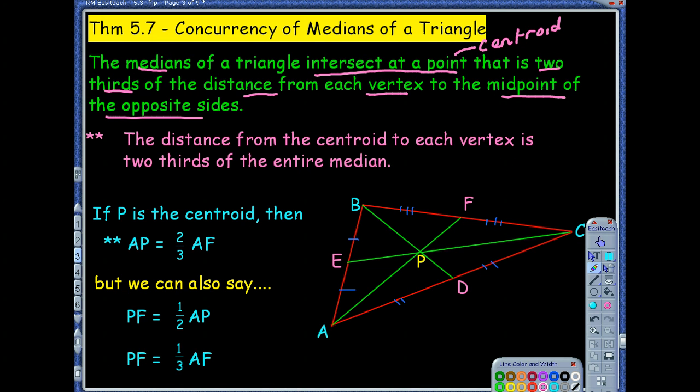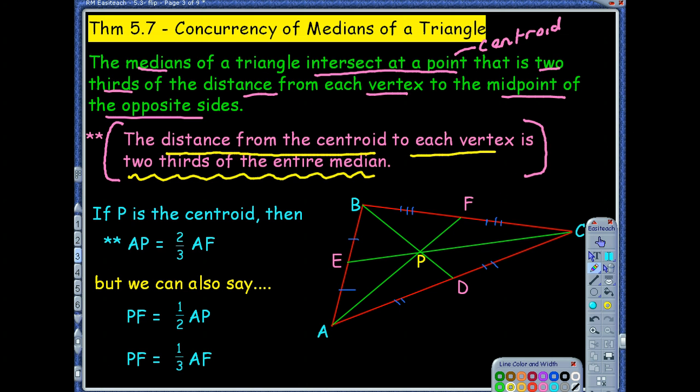Okay, now this in the pinkish color basically sums up what that means. This is our interpretation of it. If you find the distance from the centroid to each vertex, it is always 2/3 of the entire median.